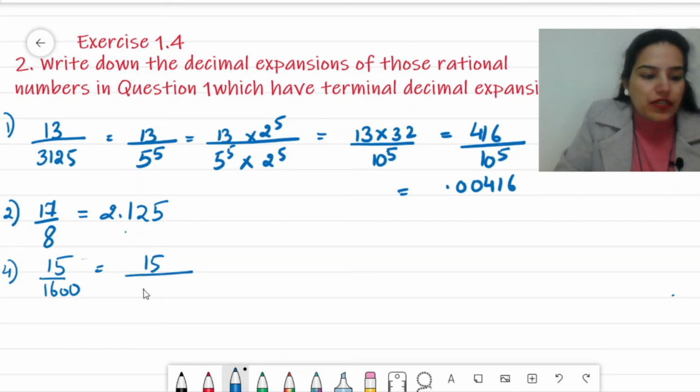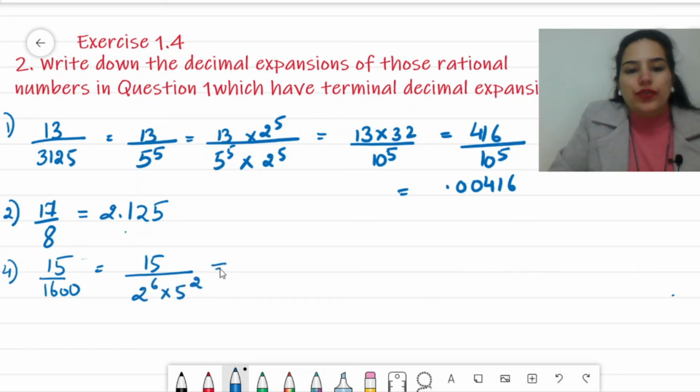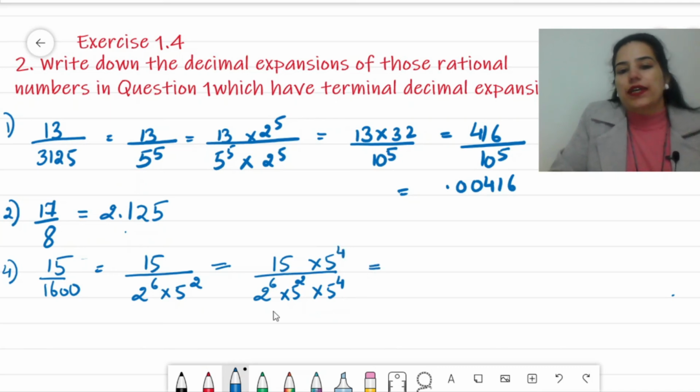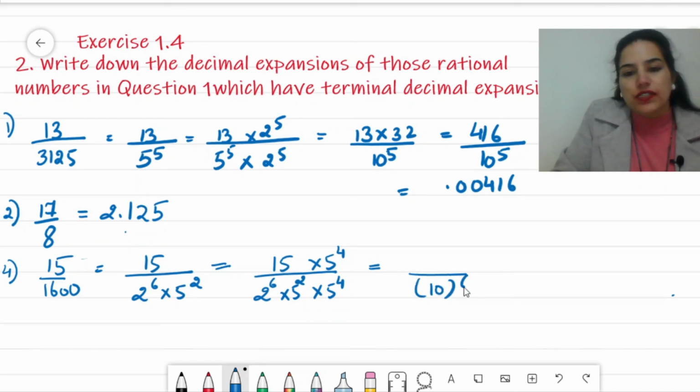After that, fourth part was 15 by 1600, where 1600, if prime factorized in terms of 2's and 5's, we got 2 raised to power 6 and 5 raised to the power 2. So we want the power of 5 also to be 6. So 2 raised to power 6, 5 raised to power 2. I will multiply by 4 more powers of 5, right? So in the denominator, now I have 10 raised to the power 6.